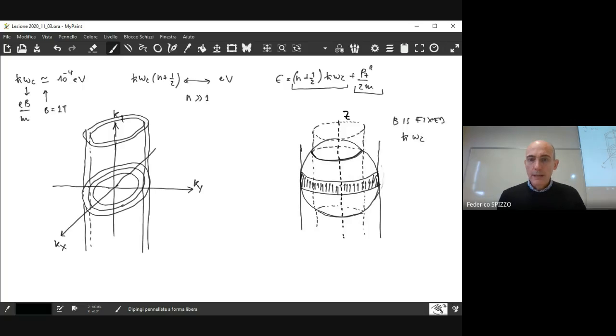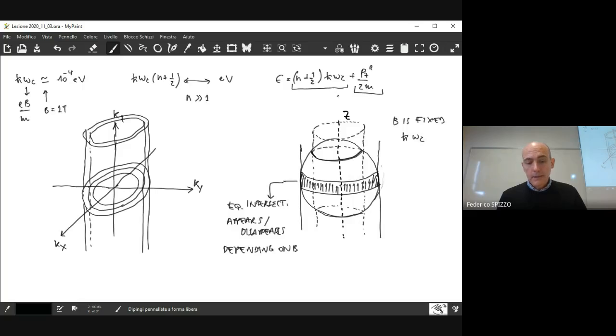So this equatorial intersection appears and disappears depending on B, because the radius of the family of cylinders is proportional to B through the cyclotron frequency.